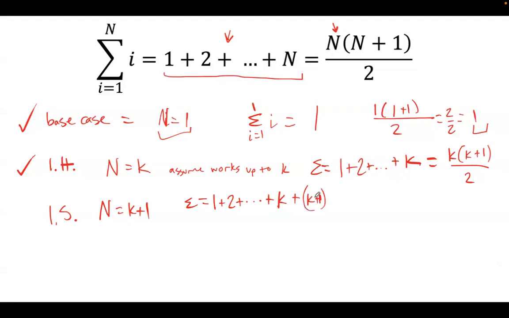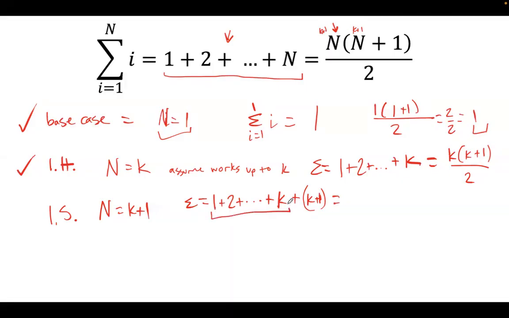And so we just add k plus 1 onto the end there. And we want to show that it looks like k plus 1 times k plus 1 over 2. That's our goal. When we reach something that looks like that, then we'll be good.